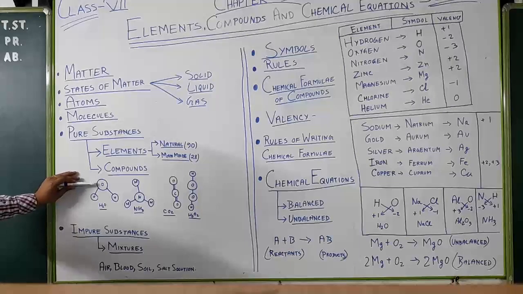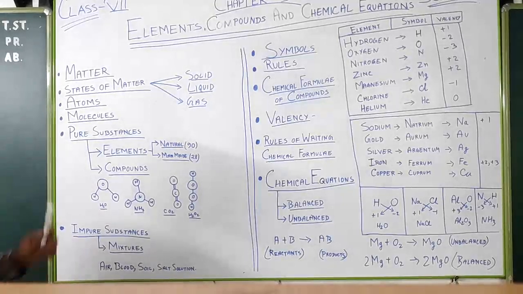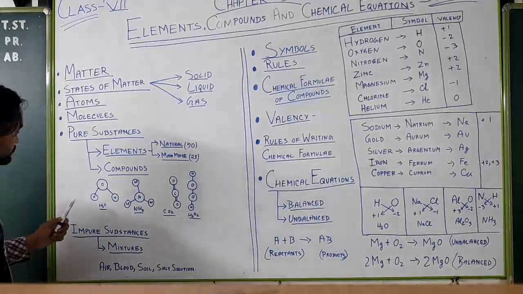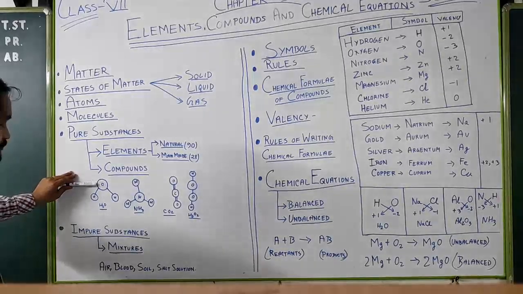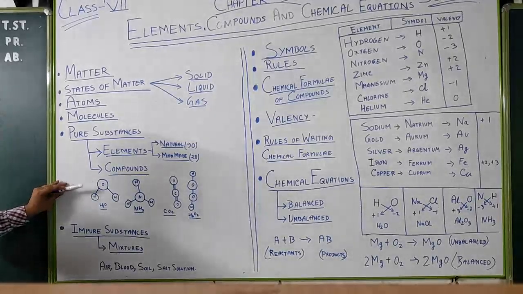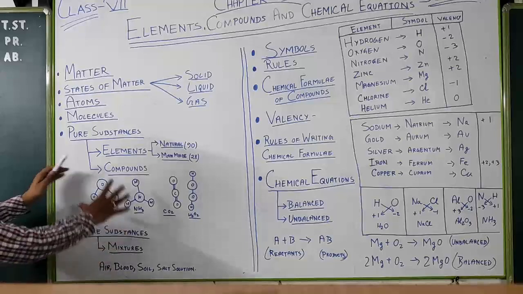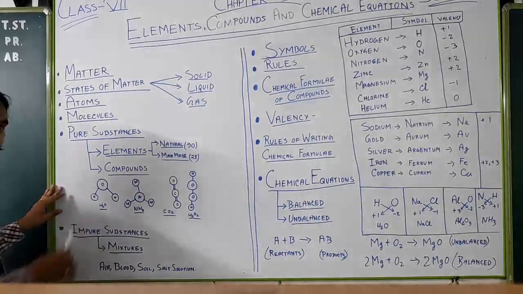That means three atoms are present in one molecule of water. The oxygen atom has different properties, different mass. The hydrogen atom has different properties, different mass. They react with each other and produce the molecule of water.